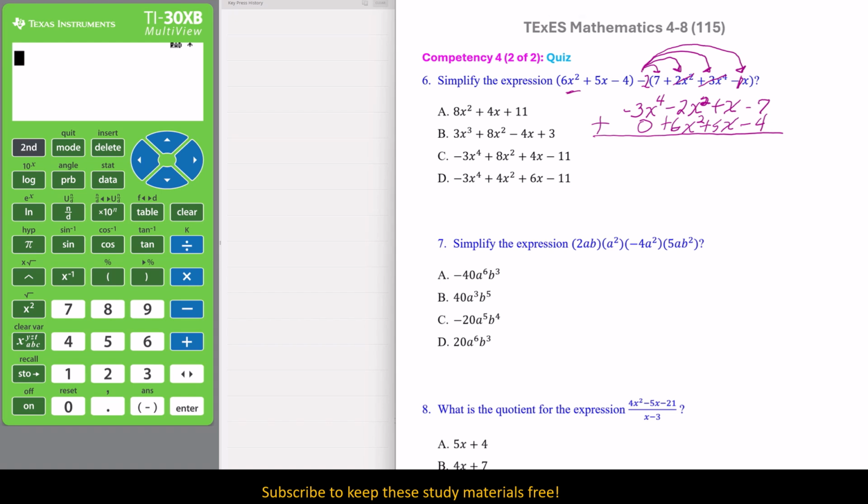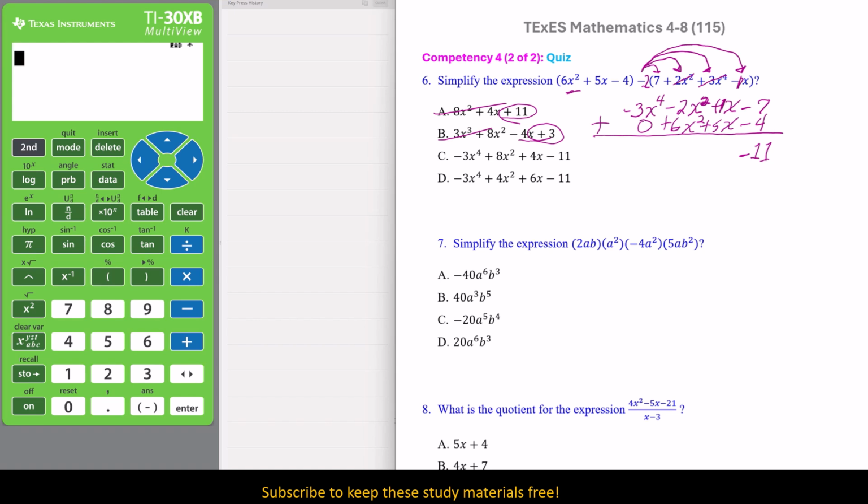Okay, then I have it all set up, stacked up correctly, and I will just add like I did in grade school. So -7 minus 4, that is a -11. Well, if I look at that, I can eliminate A and B. Now I have C and D left.